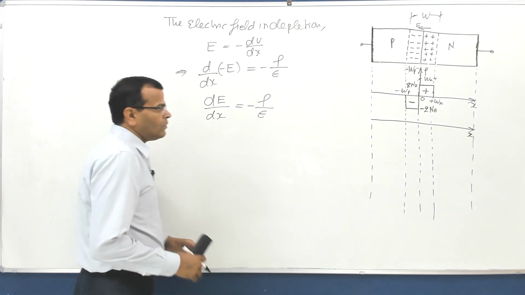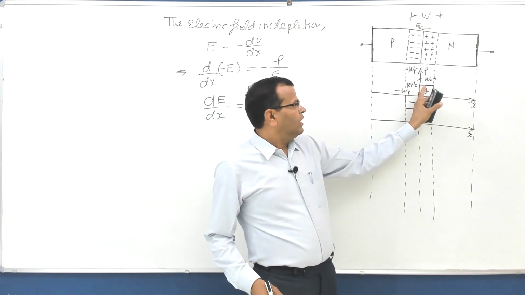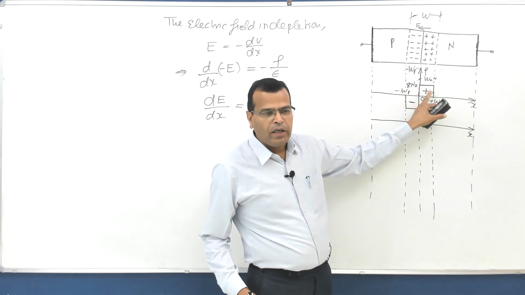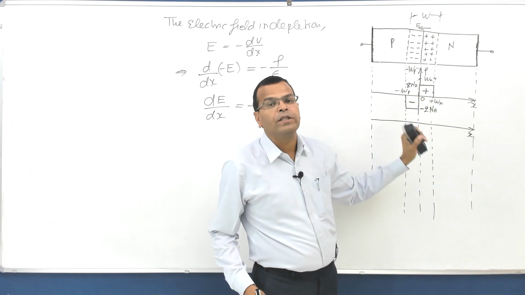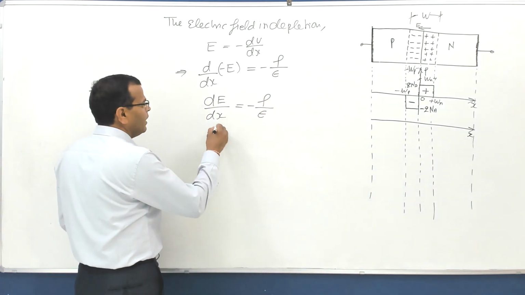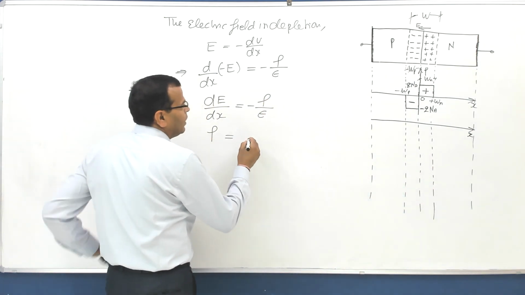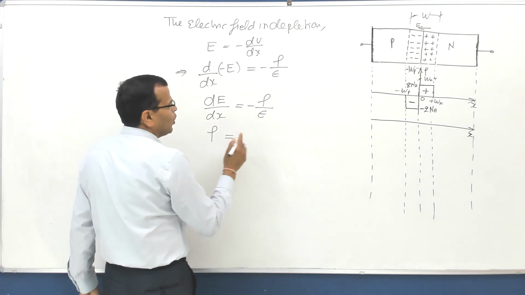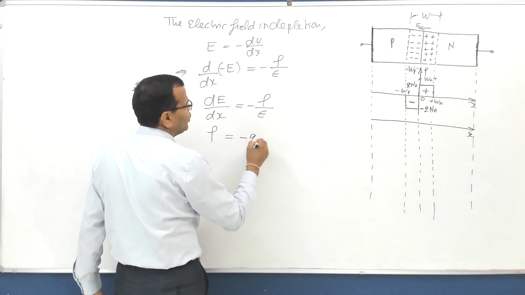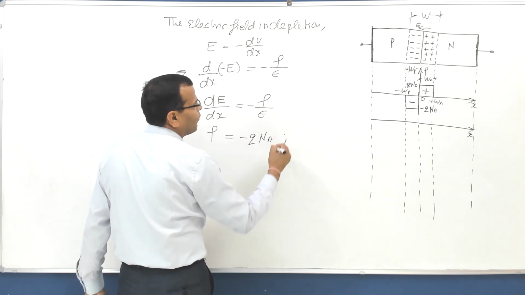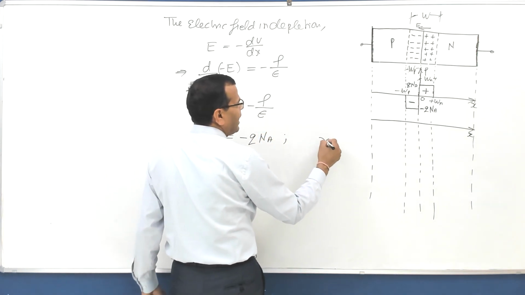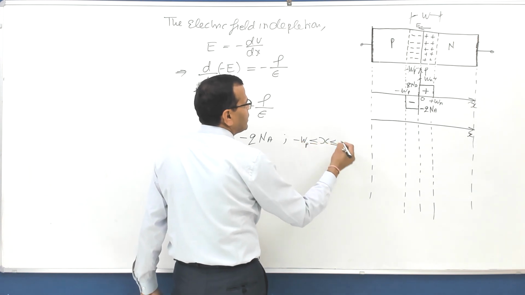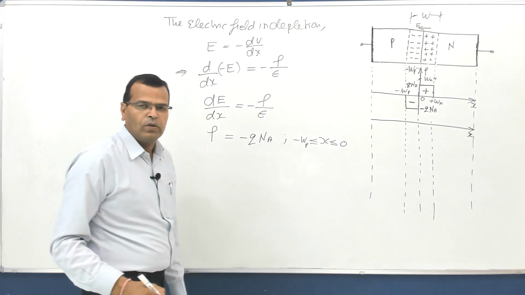So if you see the charge density on the positive side, that is plus Q N D, from 0 to plus WN. So I'll say, starting from this side rather, rho is equal to minus Q N A for which range of x? When x is greater than or equal to minus WP and less than or equal to 0.